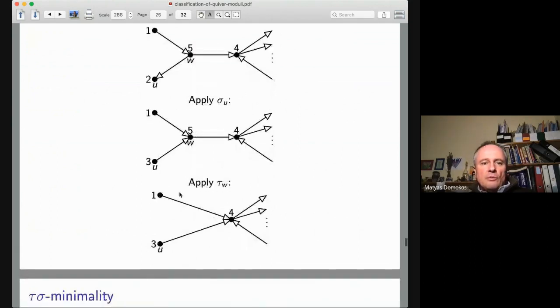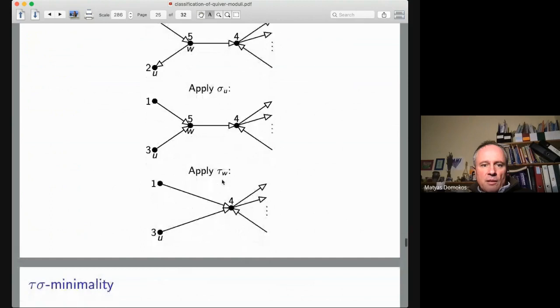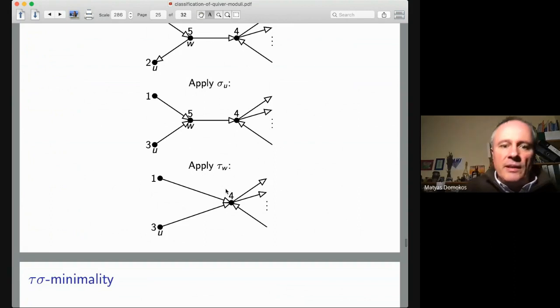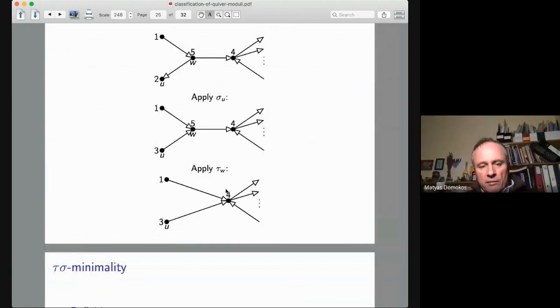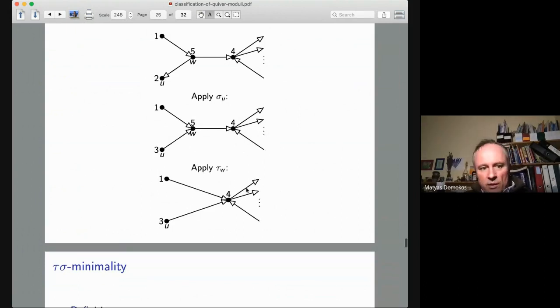So we are allowed to perform the operation tau W. So we remove W and replace the path from U to this vertex by a single arrow, and similarly this path by a single arrow. And we get a smaller quiver, a quiver which has one fewer vertex, and also the total dimension is smaller.